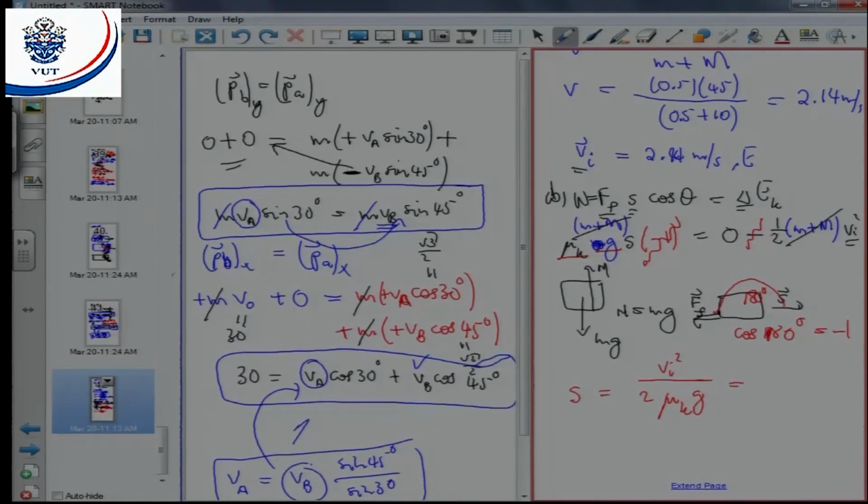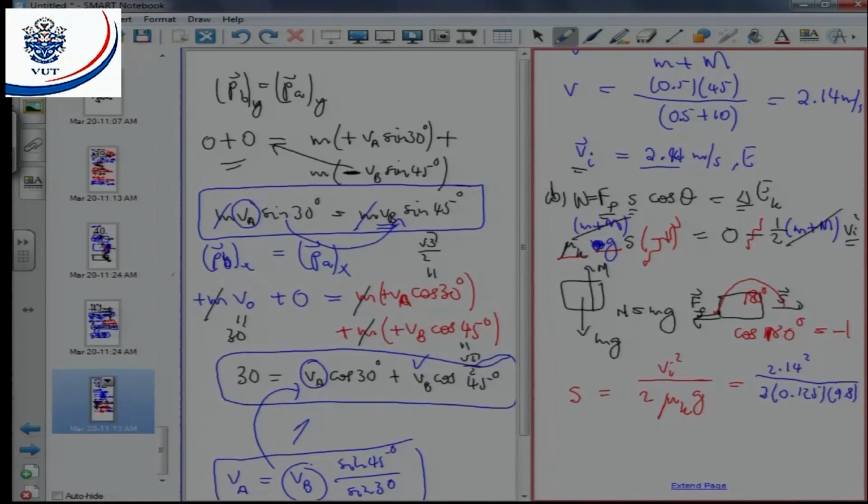Then substituting, remember that we said it's 2.14 for vi, so 2.14 squared over 2, mu k is 0.125, and g is 9.8.